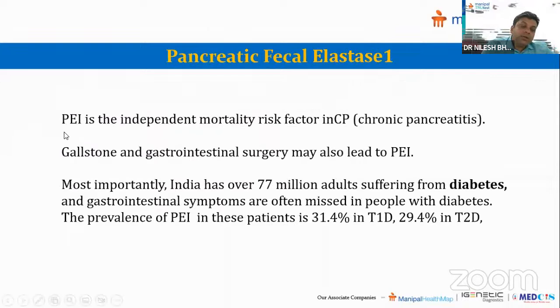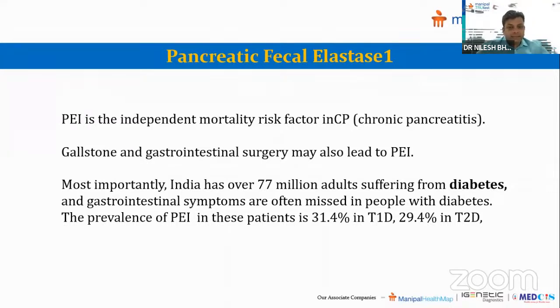Why are we interested in knowing the pancreatic exocrine function? Because pancreatic exocrine insufficiency can lead to chronic pancreatitis. Even gallstone surgery and gastrointestinal surgery may lead to pancreatic exocrine insufficiency.